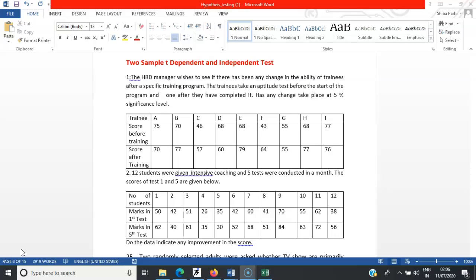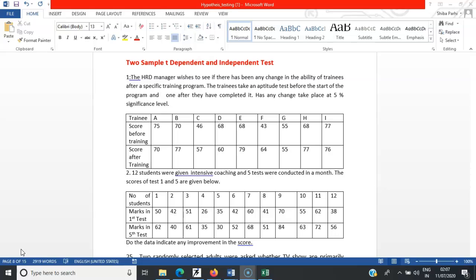So dependent test means the same sample out of the population, before and after effect. So after giving any kind of medicine and before giving the medicine, whatever the stage or the position or the situation, if you are doing a test, that is the dependent test.